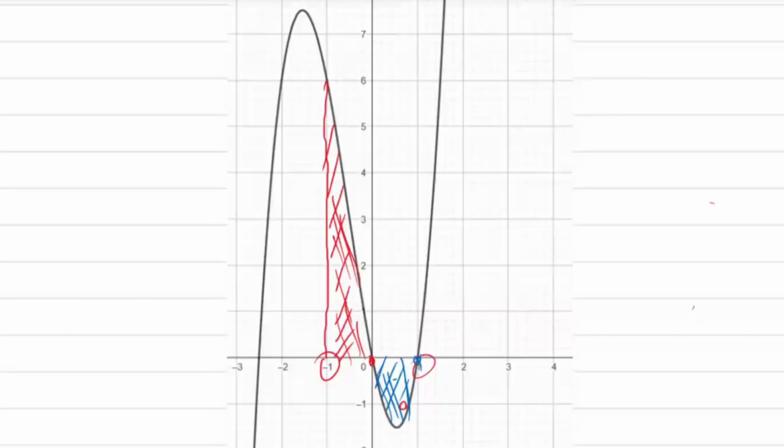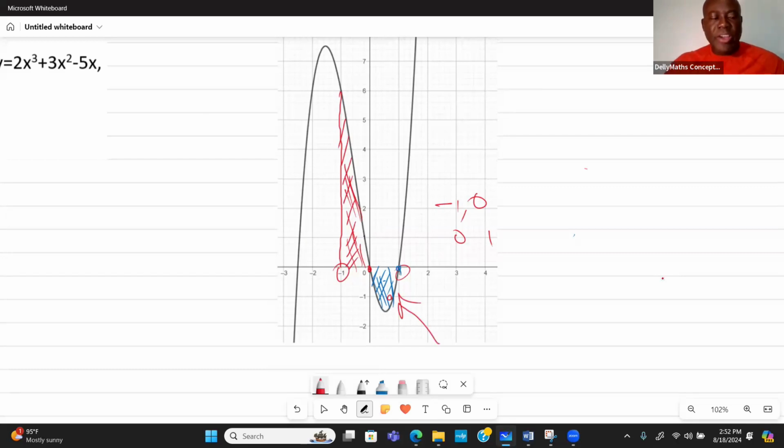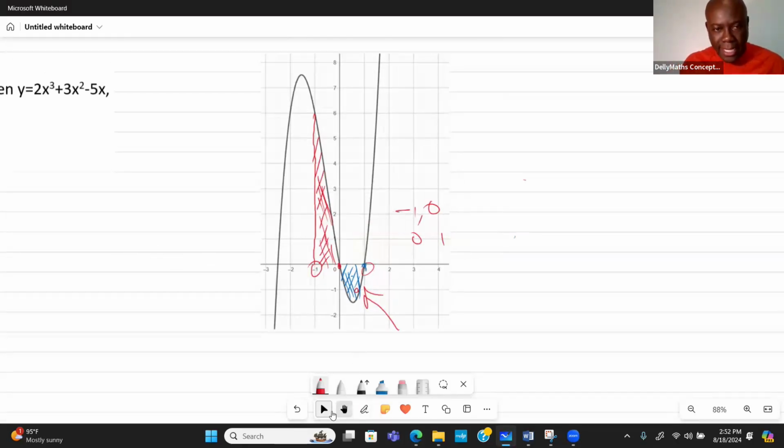So what we're going to have to do is split it: we're going to take from -1 to 0, and then we're going to take from 0 to 1. And so we're going to split it, and then we add the areas, because remember, in the part in blue, we will be getting a negative response, but we're going to take the positive number from that because we're dealing with area, and we're going to add the areas.